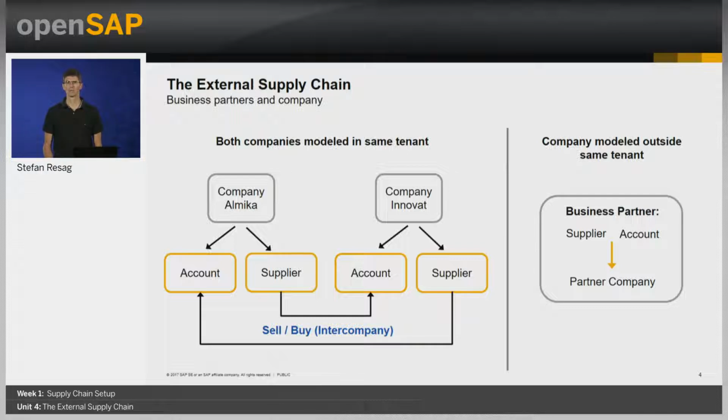In addition, you need to create a partner company for those supplier and customer business partners. This is needed for financial reporting purposes, so that you can distinguish between external and intercompany business. All companies modeled in the organizational management org structure are automatically partner companies.